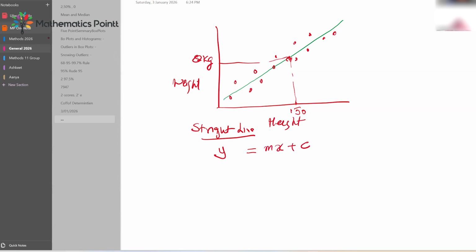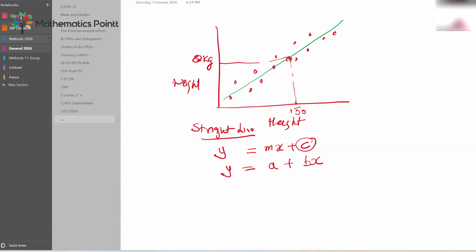Do you remember that from your grade 10 days, the slope-intercept form, y equals to mx plus c? We don't write it like that here. In the world of data, we write it slightly differently. We'll say y equals to a plus bx.